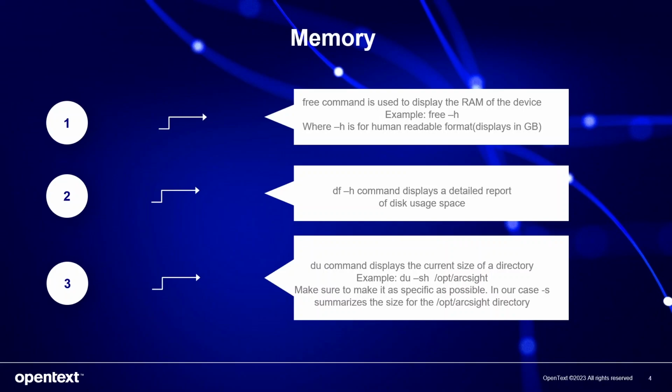You have to make sure that it is as specific as possible, because otherwise if the directory has many subdirectories and many files in it, it will list all the sizes of each one of those. So it will be very verbose, which you might not want. The du command is used for specific subdirectories only.